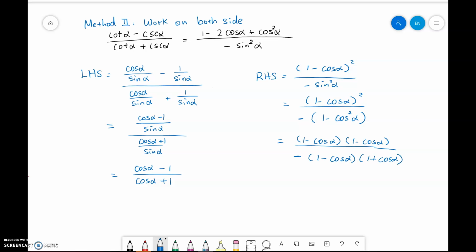Where I can see there's something in common, I can simplify them. I end up with 1 minus cosine of alpha over negative 1 plus cosine of alpha, where I can move the negative sign to become cosine of alpha minus 1 over 1 plus cosine of alpha. I end up with the same thing.